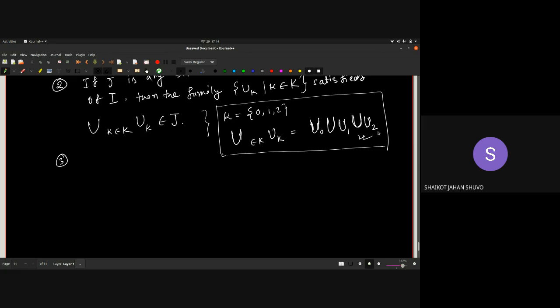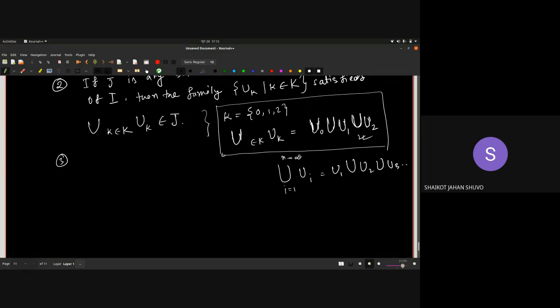Yeah, so when you write this as running from i to n of some U_i, it is U_1 union U_2 union U_3 and so on, and this n can tend to infinity as well. That means you have infinitely many open sets labeled by some index, U_1, U_2, U_3, and so on.